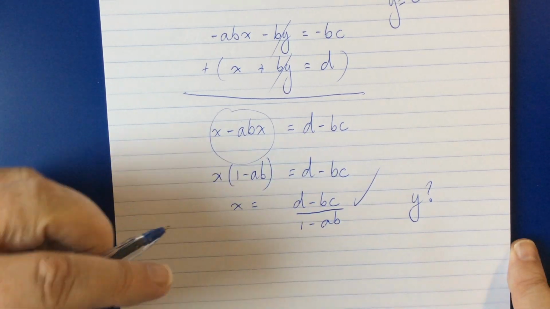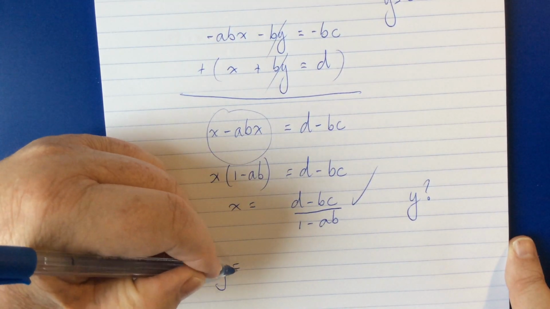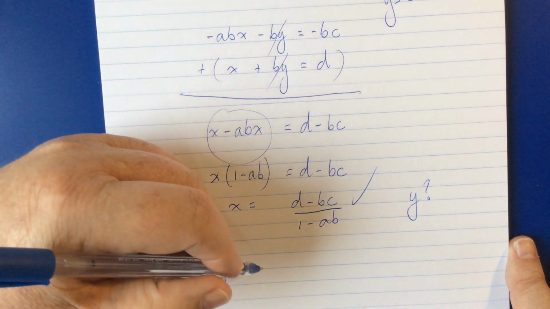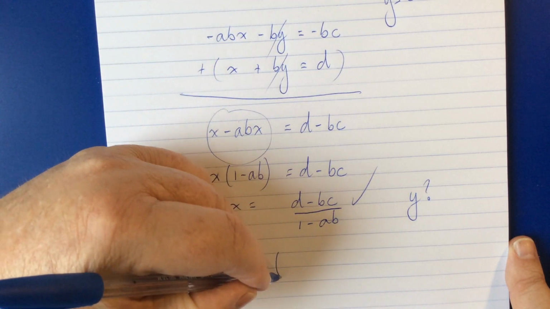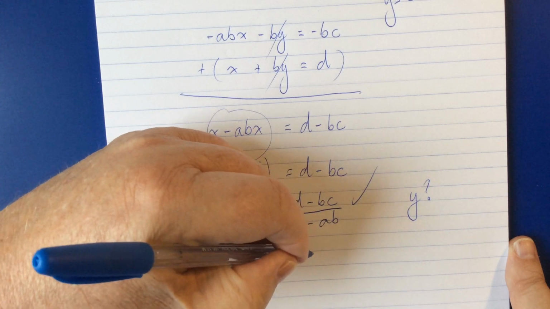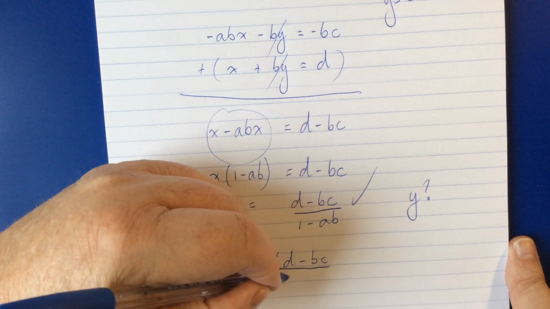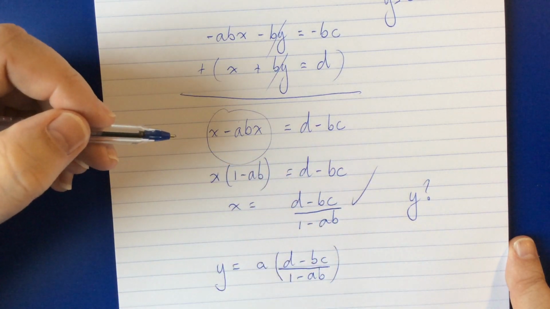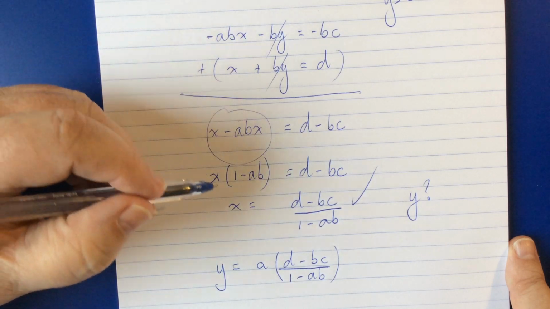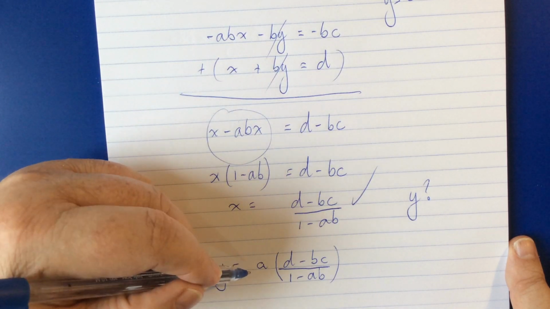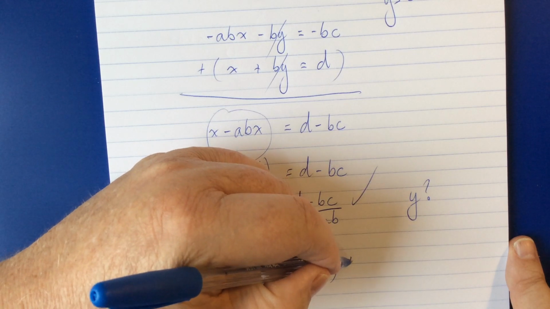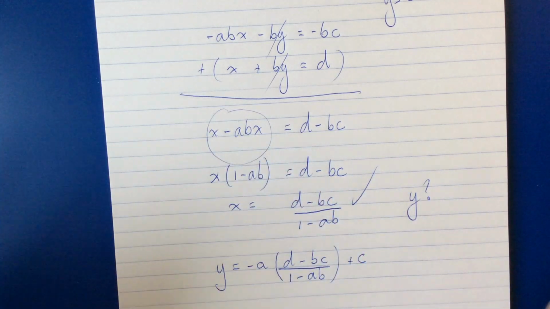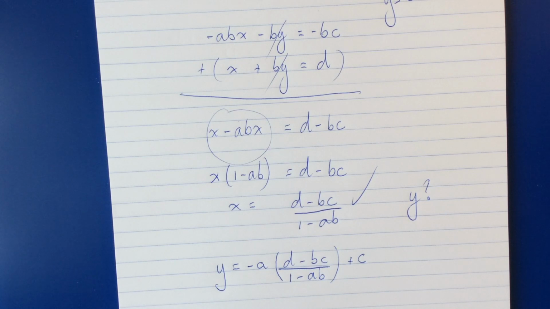So let's set this up. y is equal to c minus a times x, which is d minus bc, all over 1 minus ab. Just get that in the mix. And this is negative, and this is positive. We could write it another way, but I just want to set it up like that if I can.